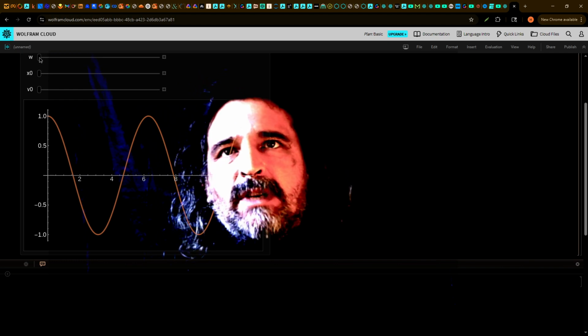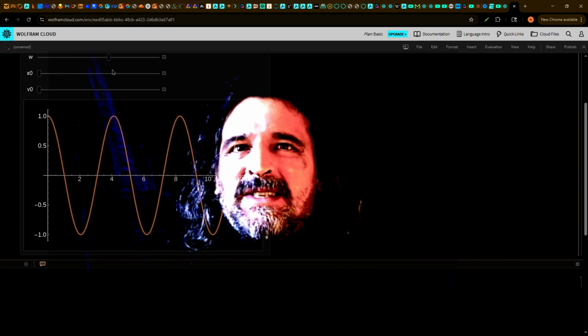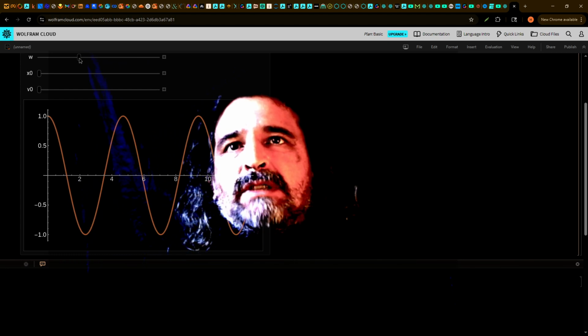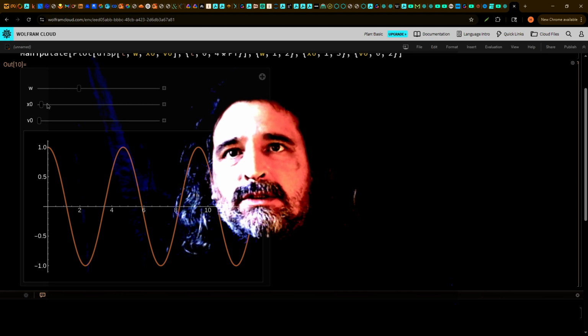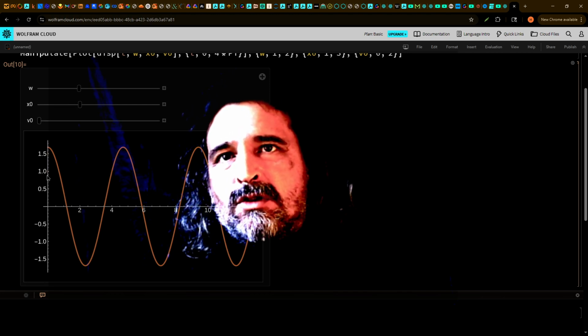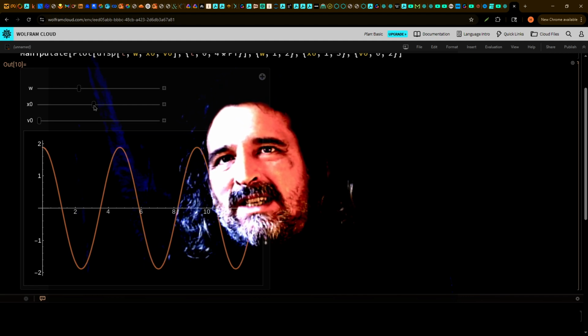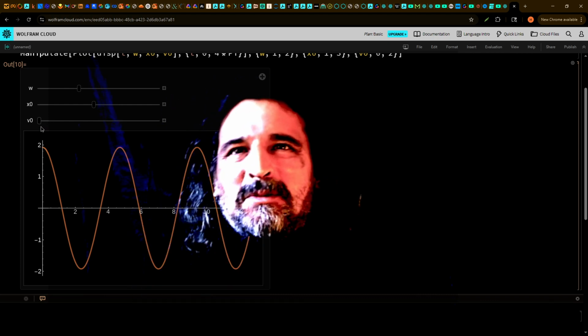So if I increase omega now, the frequency increases, the period becomes smaller, right? You can see that. What about if I change the x naught? Well, I'm changing the amplitude. Just look at the axis, right? It's only the axis that is changing. It's the initial value that is changing, so it's like a scale transformation.